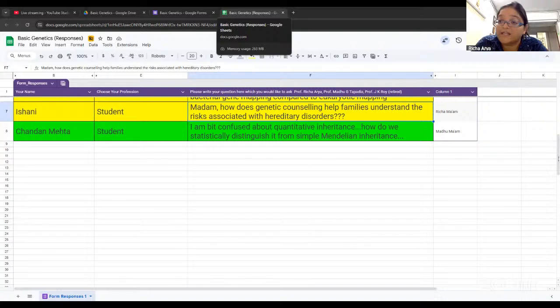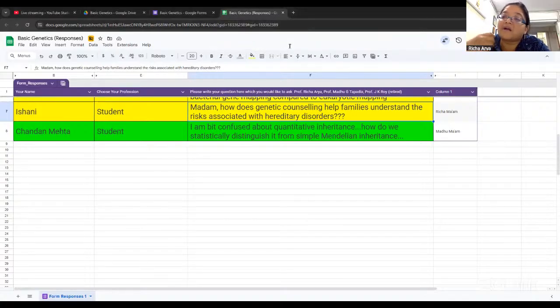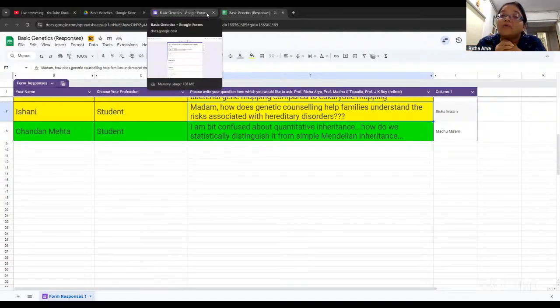To do that, you need to collect the family data: their siblings, parents, grandparents, and the extended family, and how that particular trait is running in the family.